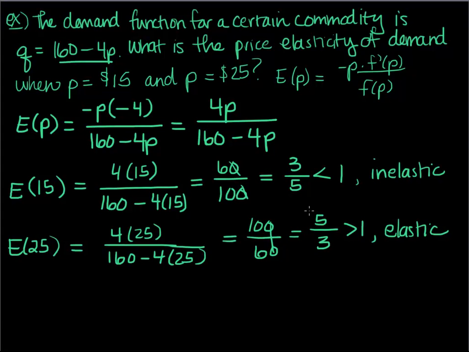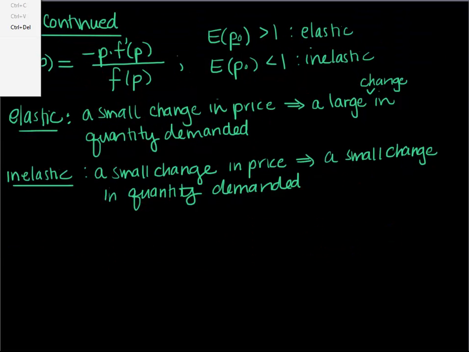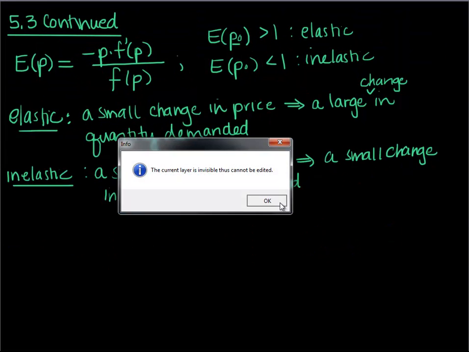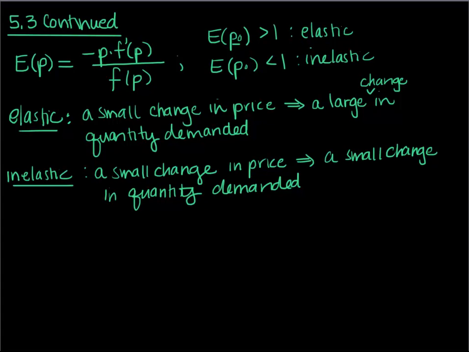What I'd like to look at now is, how does this relate to our revenue? Let me add a layer. Okay, so let's look at layer 3, and I want to look at the same function. We had our quantity was 160 minus 4p.